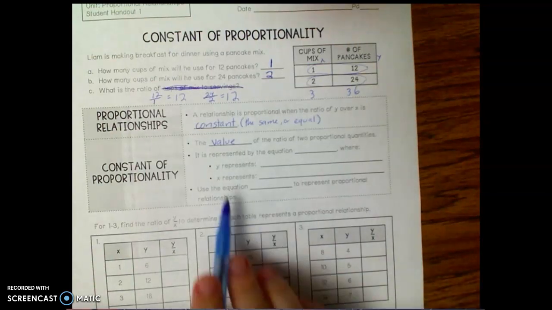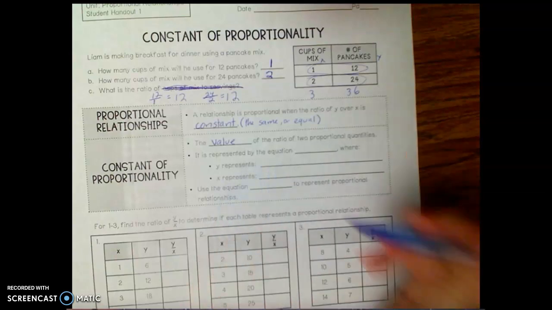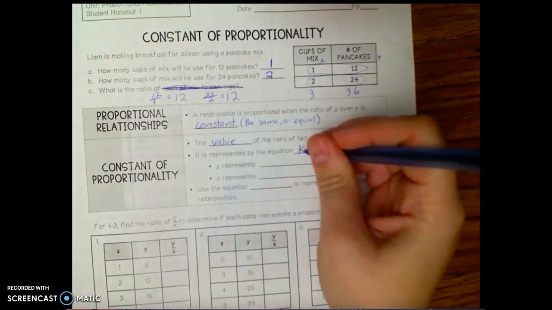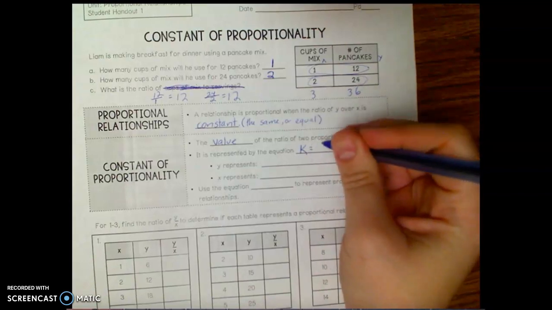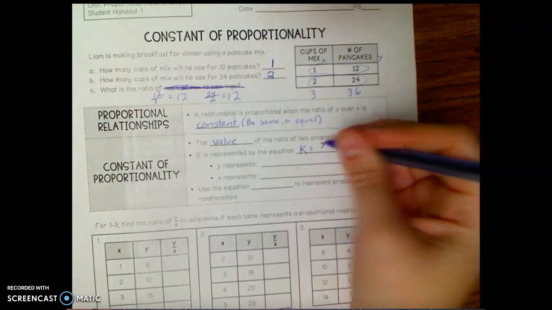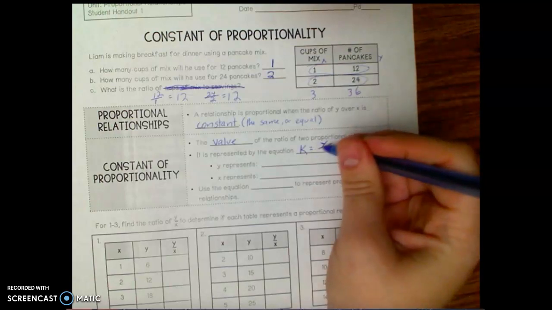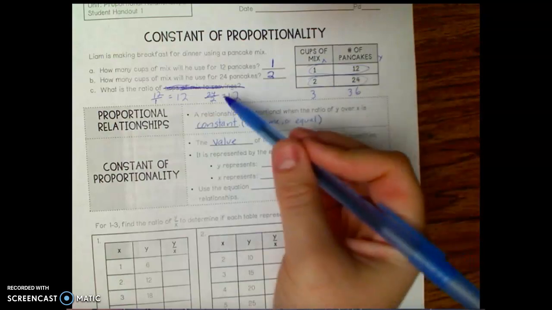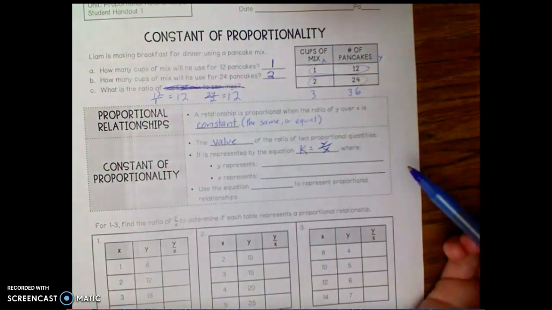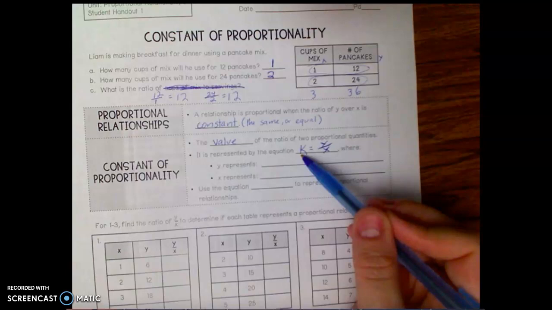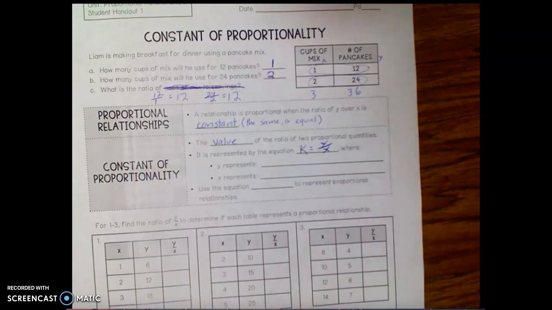It is represented by an equation where constant equals y, whatever your y value was over here, divided by x. Okay, so just how we created these little division problems, that is how you find the constant. Because that is so important, I'm going to highlight it.